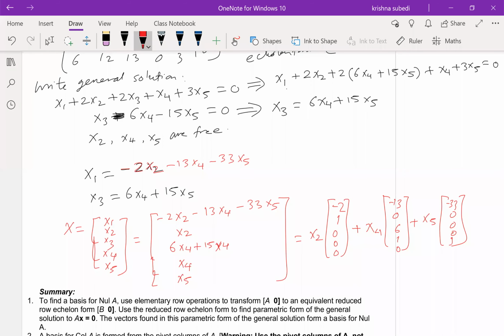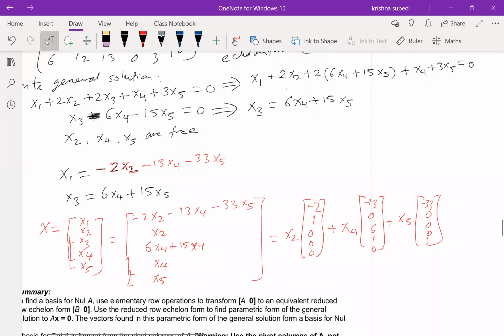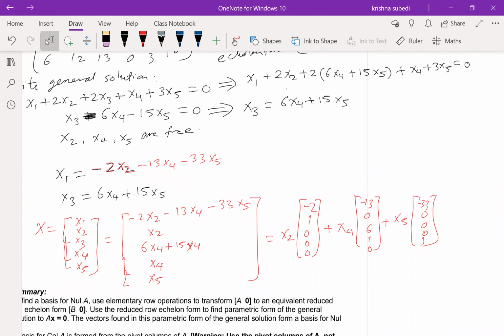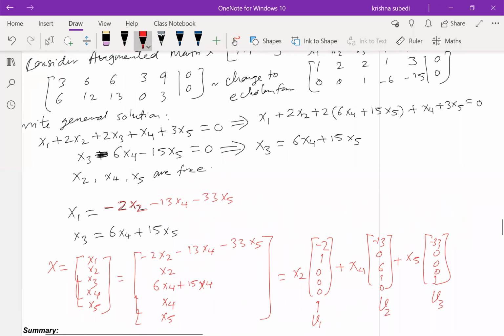Any question? So let me denote this as V1, this as V2, and this as V3, okay? So in part A, let me go back to the question to see what we are supposed to do.